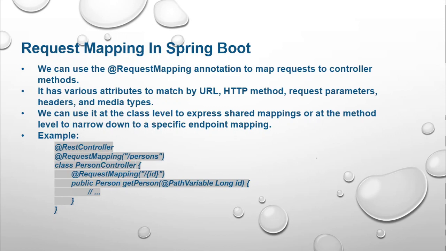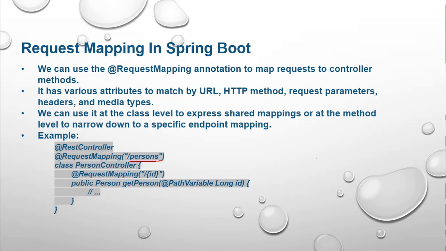What it will denote is that all the methods annotated with request mapping in the controller class will have a shared path, or shared resource, or shared mapping like person here.